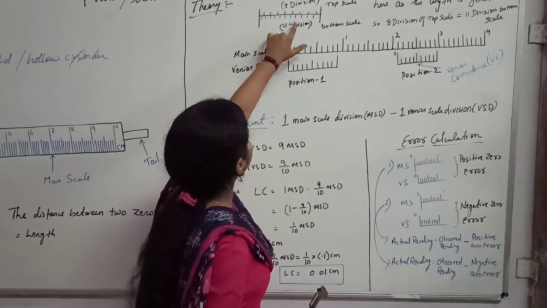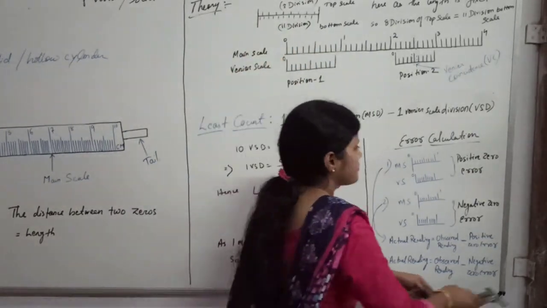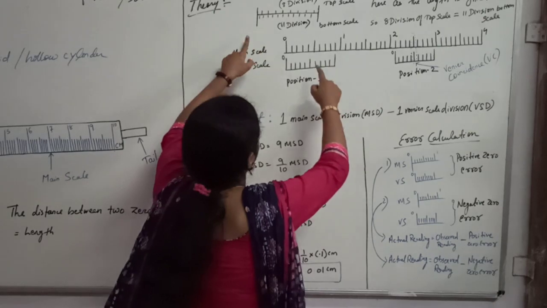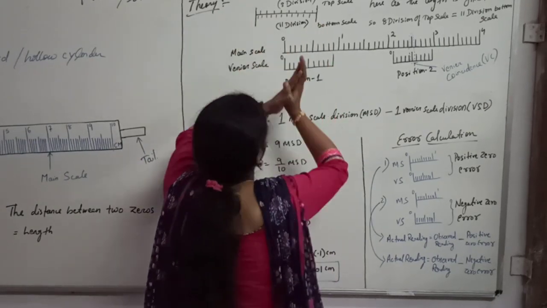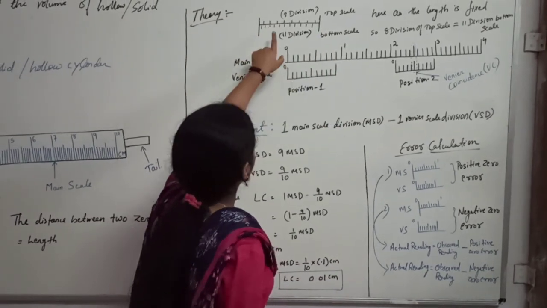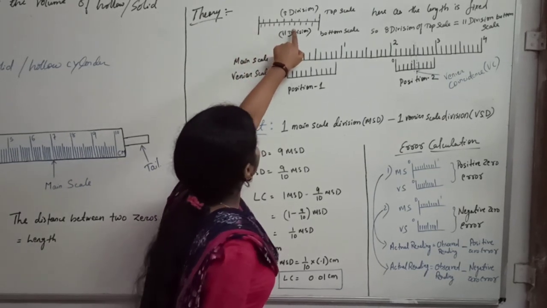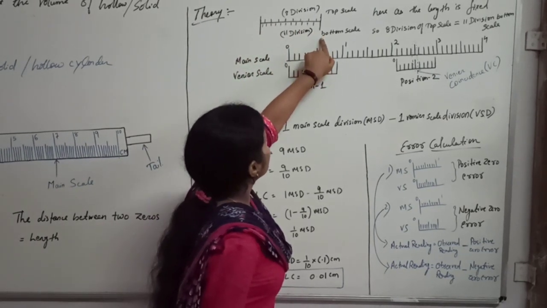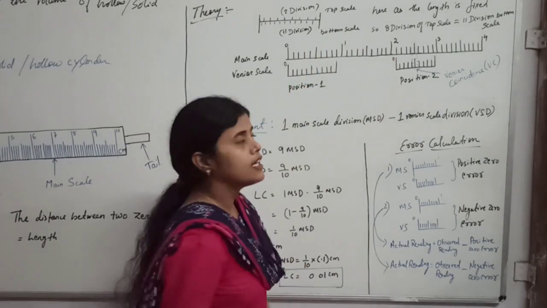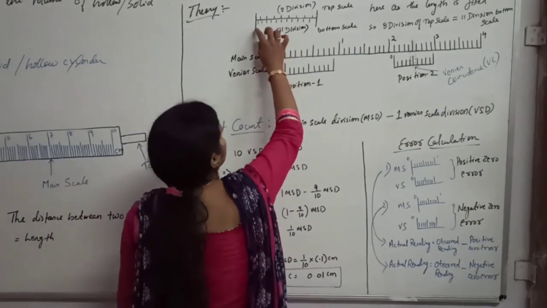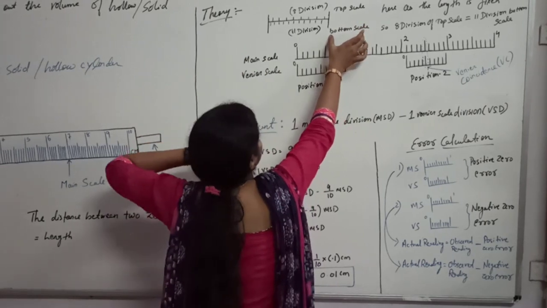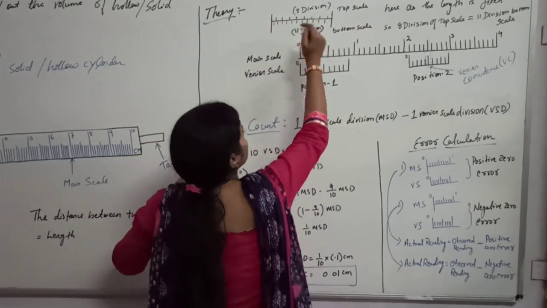Suppose I have a fixed length here. The length is fixed. Okay. So I have divided the length into 11 divisions, and I called it the bottom scale. The length is fixed here, but on the bottom scale I have given 11 divisions.